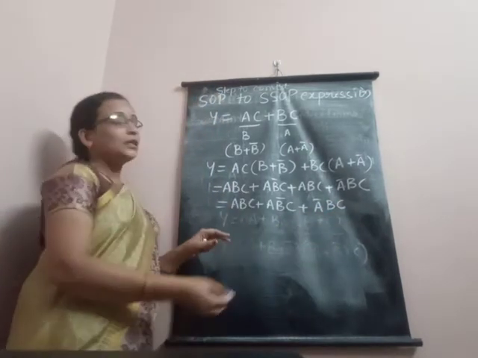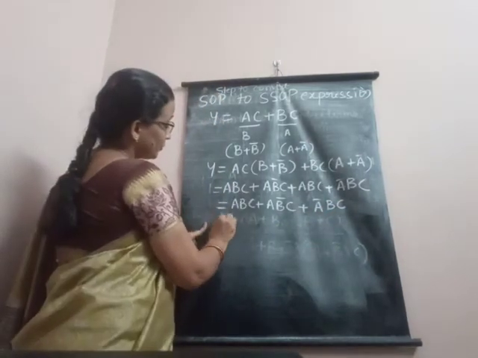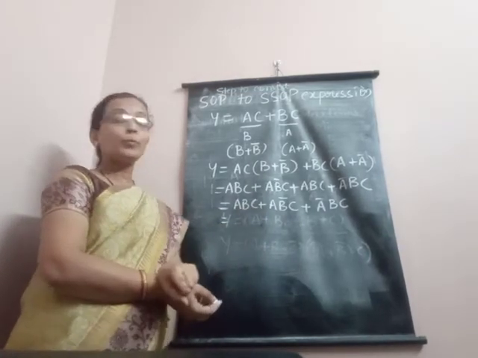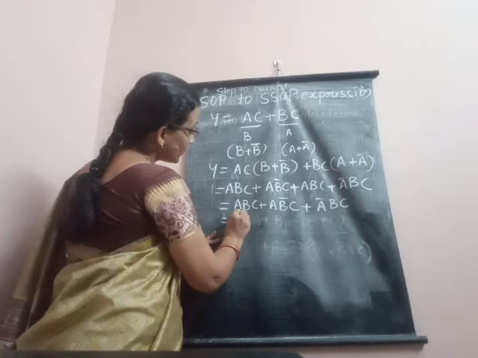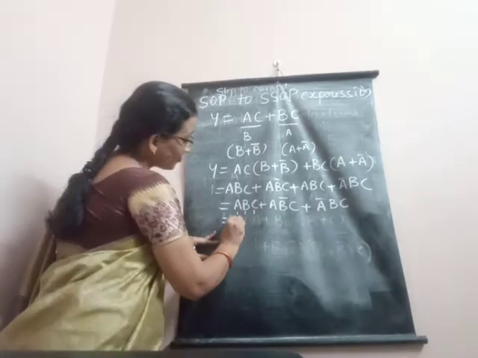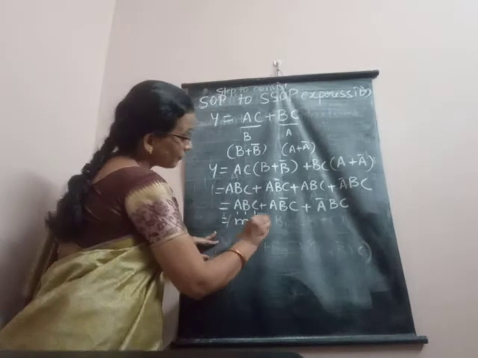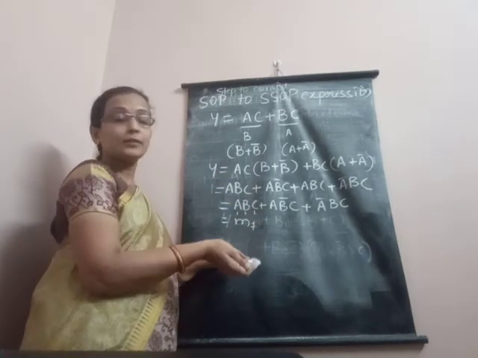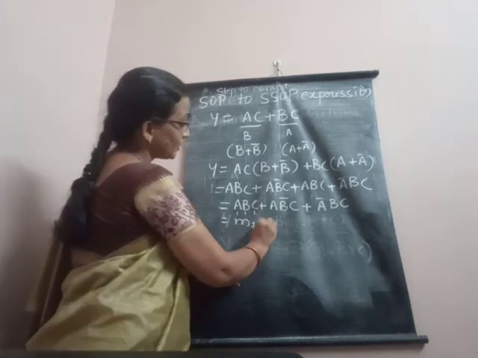Okay. In case of min terms, we said that logic 0 represents the complement and 1 the variable. That means here A is 1, B is 1, C is also 1. Therefore, it represents M7. 111 if we convert this in decimal, that becomes 7. So I have written M7.